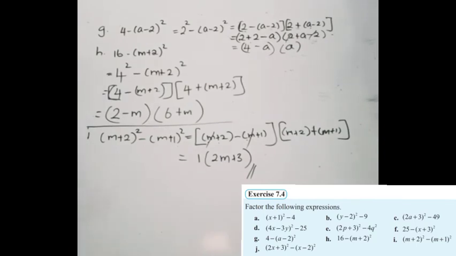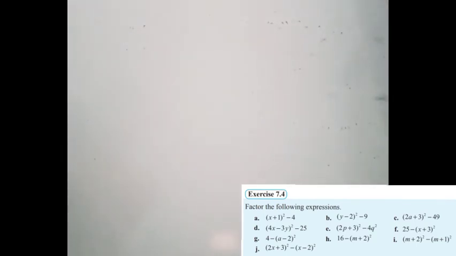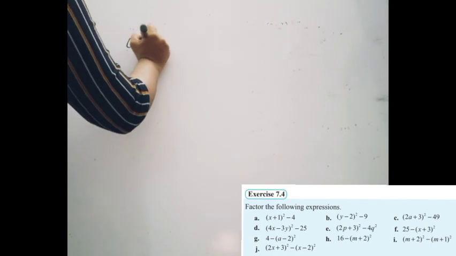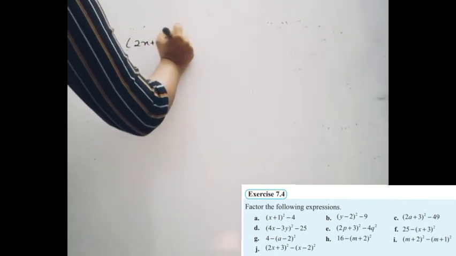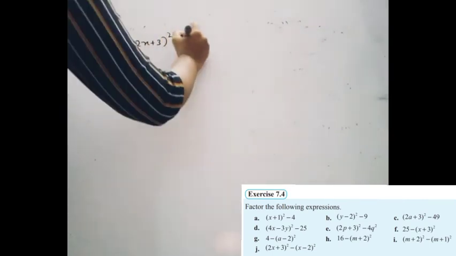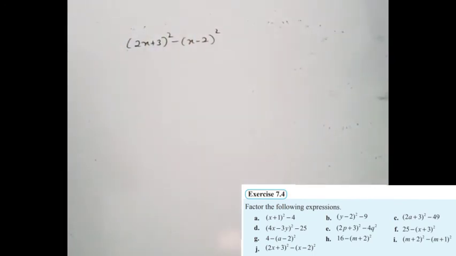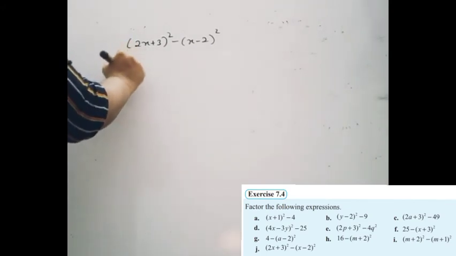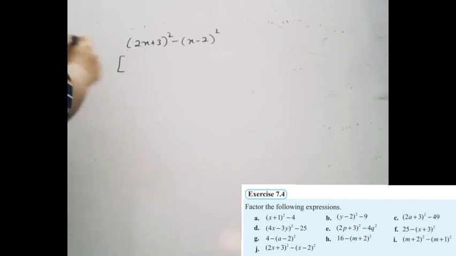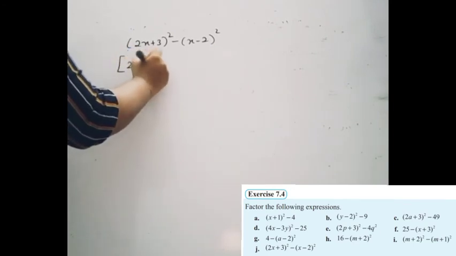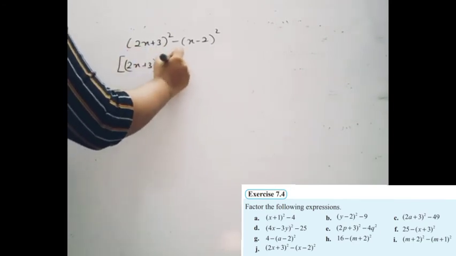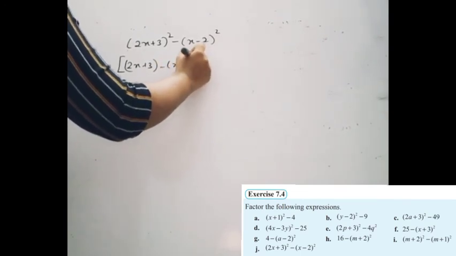Okay. Well, let's do the last question of this exercise, which is 2x plus 3 whole thing square minus x minus 2 whole thing square. So it is written as difference of two square values. So you can use the format which is x minus y into x plus y. So 2x plus 3 minus x minus 2.